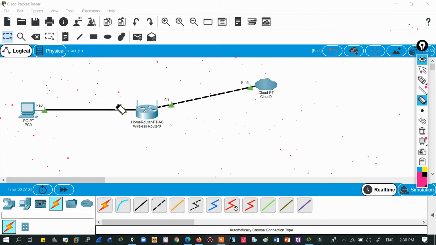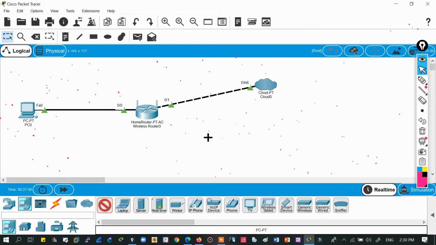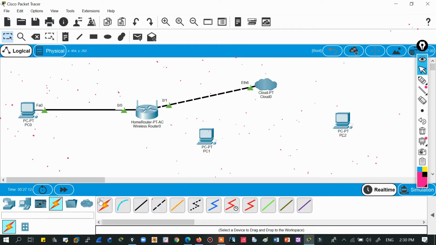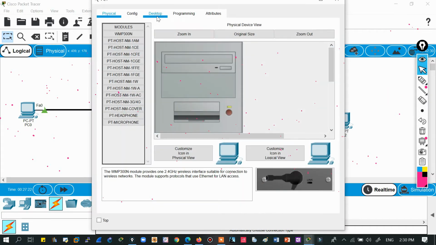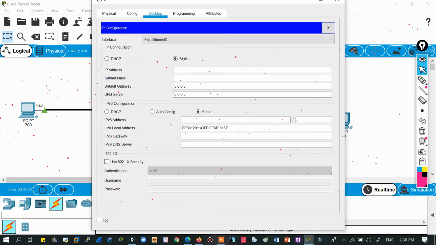Let's take two devices, two hosts like that, and connect them using a cross cable. Now when we are connecting them, we need some IP address. So let's assign the IP.